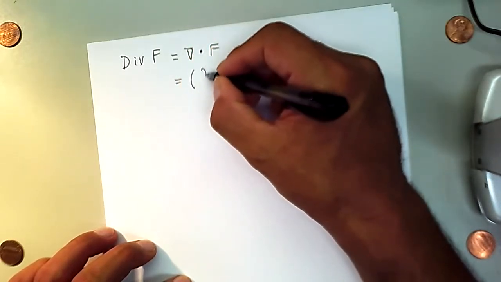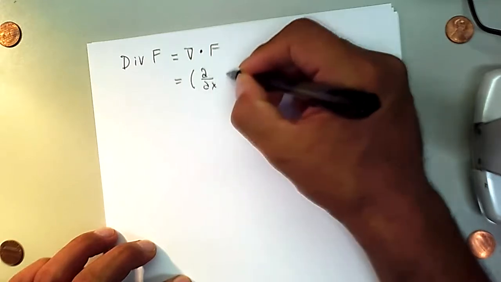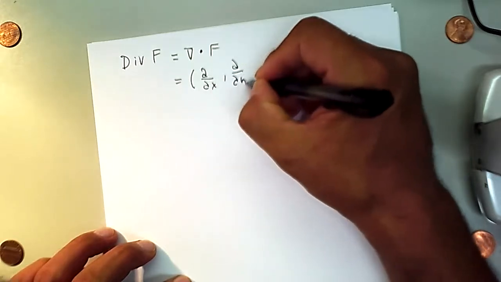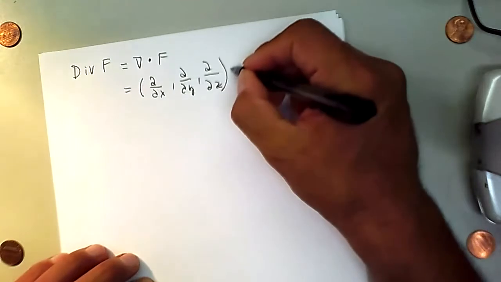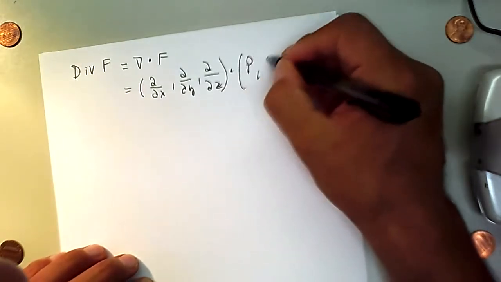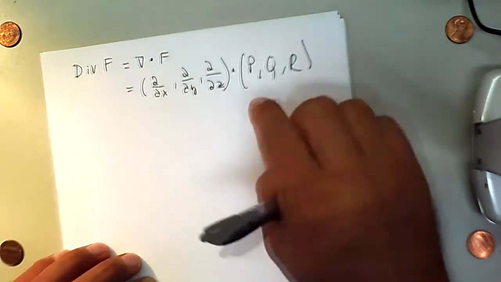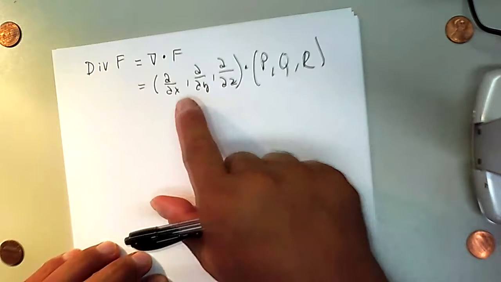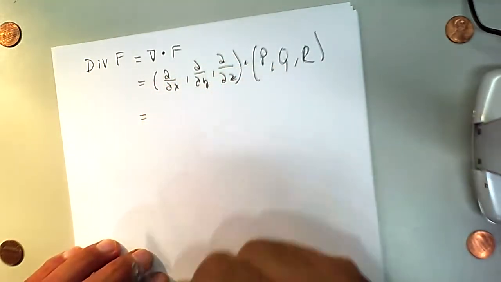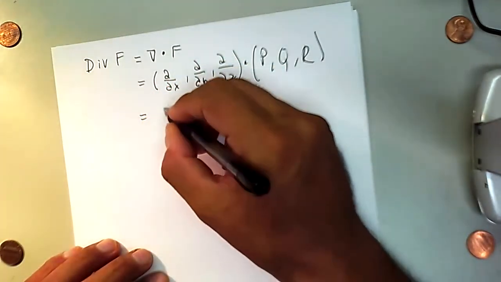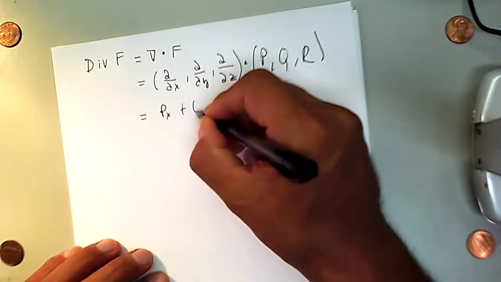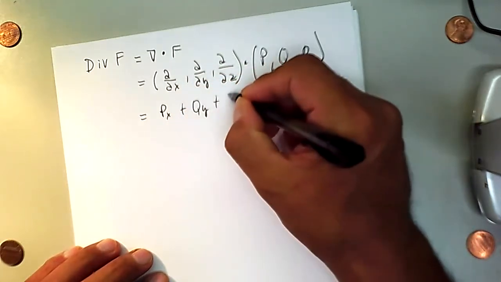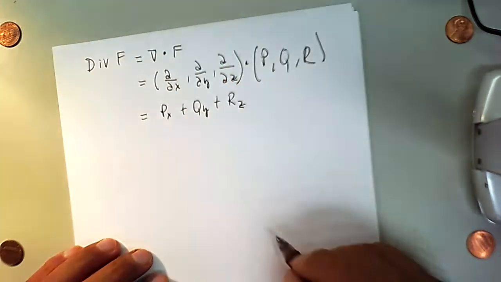So that is going to be partial with respect to X, partial with respect to Y, partial with respect to Z, applied to P, Q, R correspondingly, and then we add them together. So we have P sub X plus Q sub Y plus R sub Z.